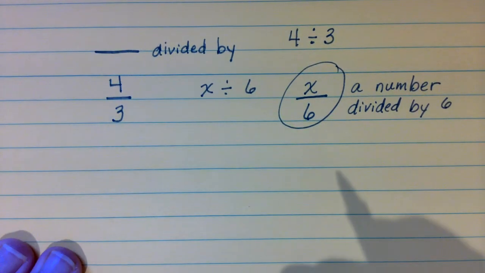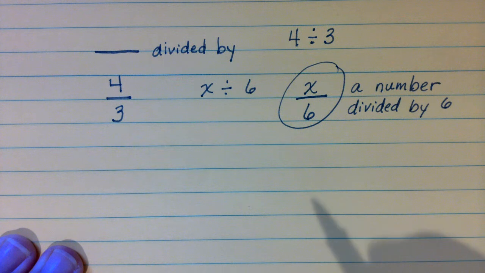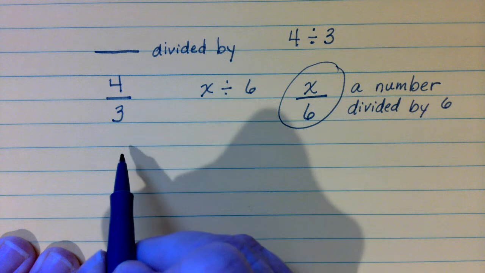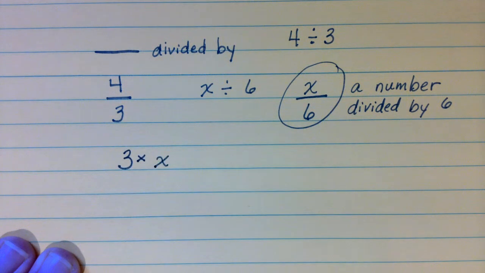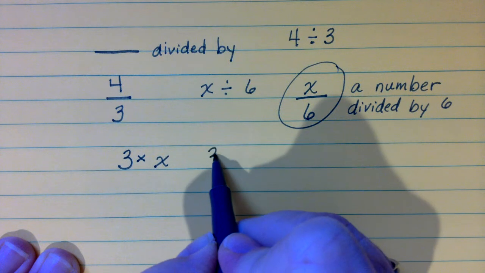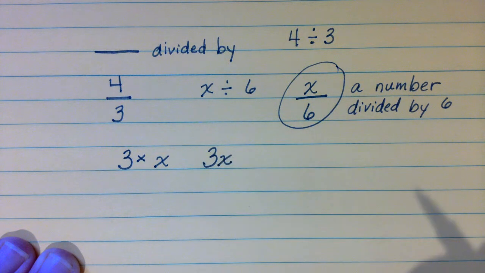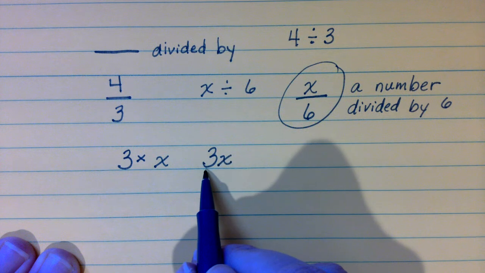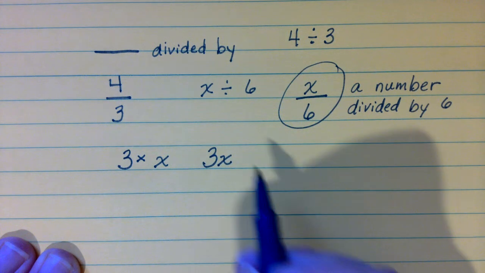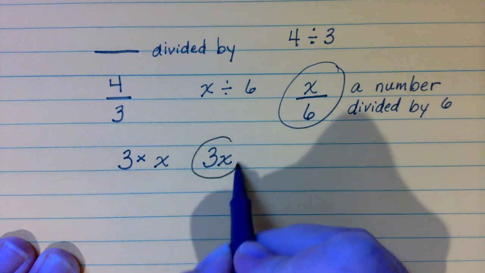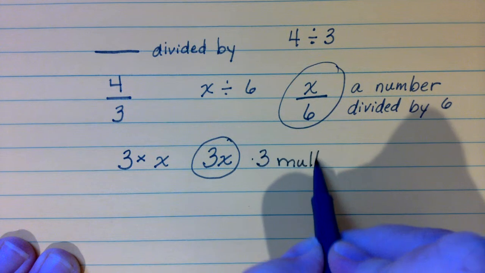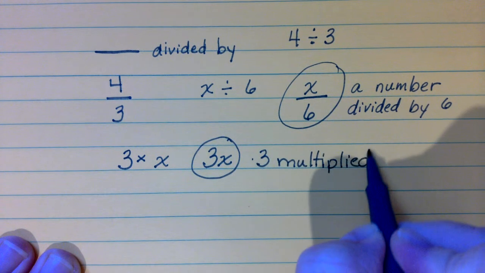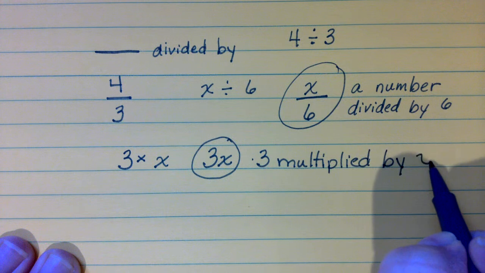Also, with multiplication, you're going to see the x written a little bit differently than a multiplication sign, and usually you don't see things like 3 times x. What you will see instead is just 3 and that funny looking x. When a number is right next to a variable, this means multiplied. So this means 3 multiplied by x.